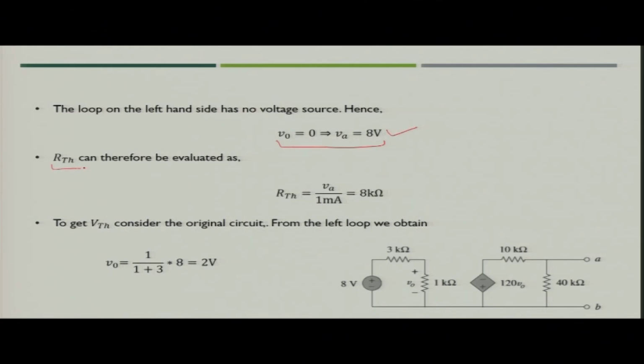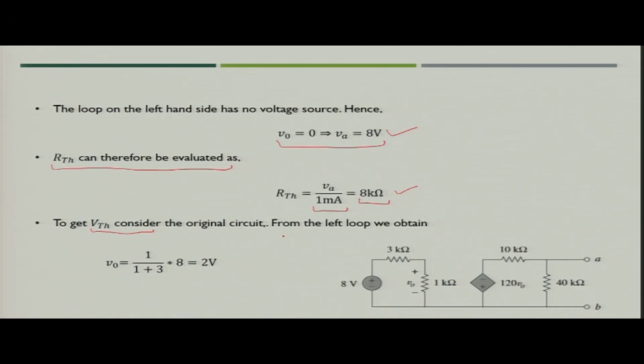Then what would be the value of Thevenin resistance? RTH is nothing but V A divided by 1 milliampere, and RTH will be equal to 8 kilo ohm.